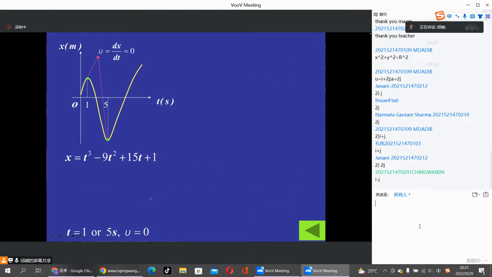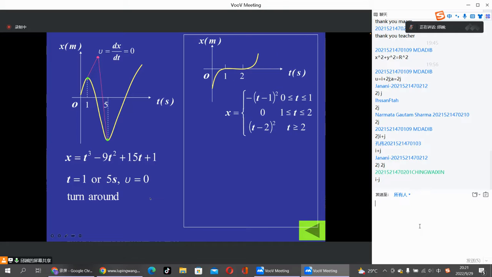So from t equals 0 to t equals 3, we have this function of displacement and this function of velocity.